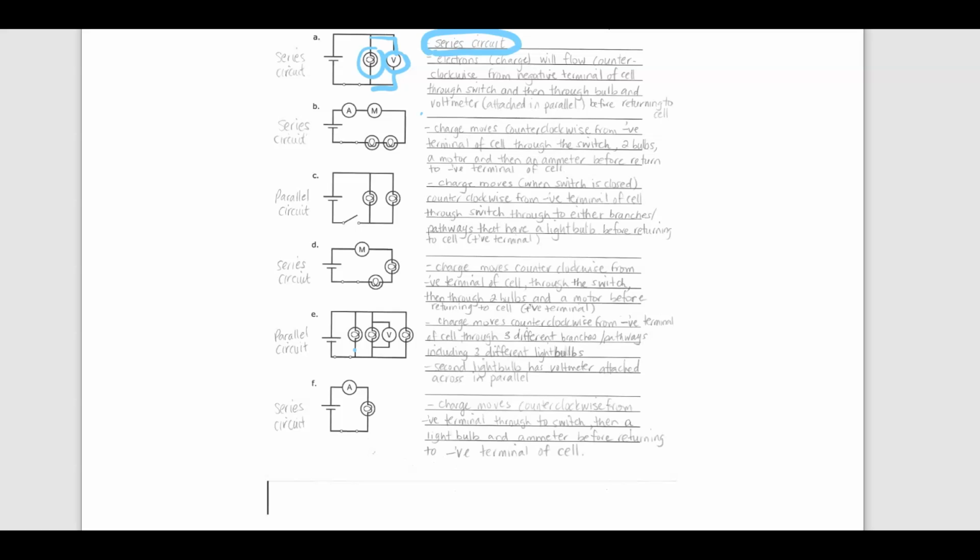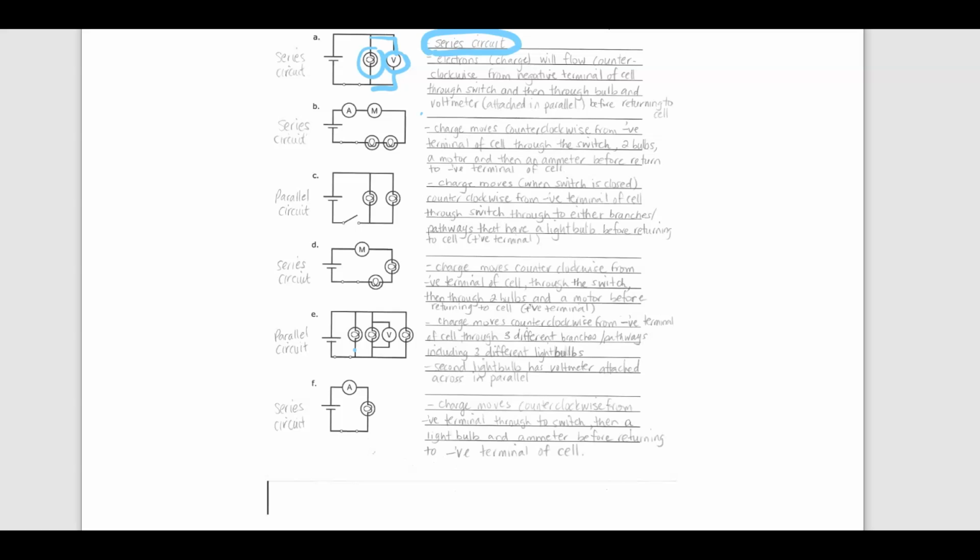So if it's a light bulb that is being measured in terms of voltage or potential difference, by the way, voltage and potential difference is the same thing. I'm going to talk about that in more detail in the next lesson, but those two terms represent the same thing.